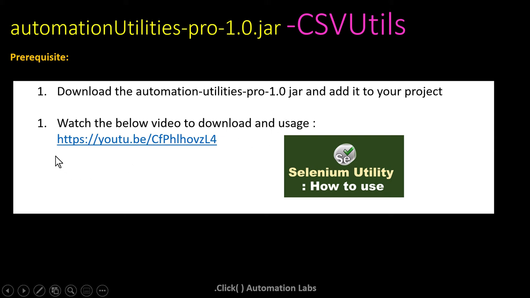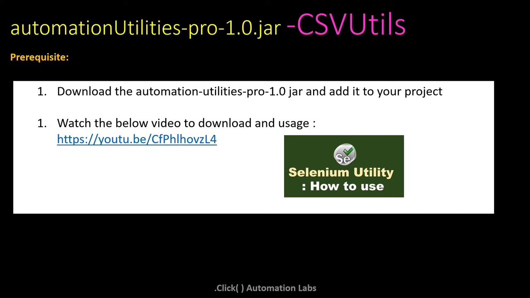Everything is covered in that session, so first watch that video and get ready with your configurations. You need to download this Pro 1.0.jar, add it to your class path, and add the dependencies in pom.xml. These are the prerequisites you need to follow.